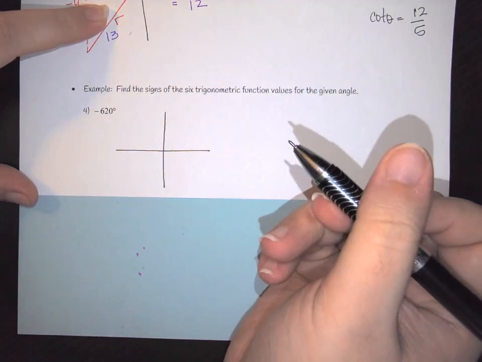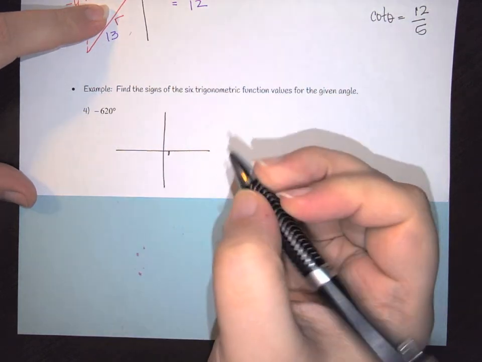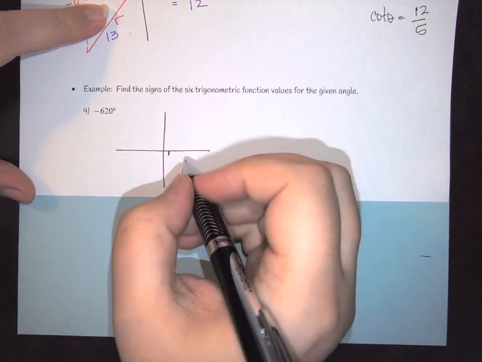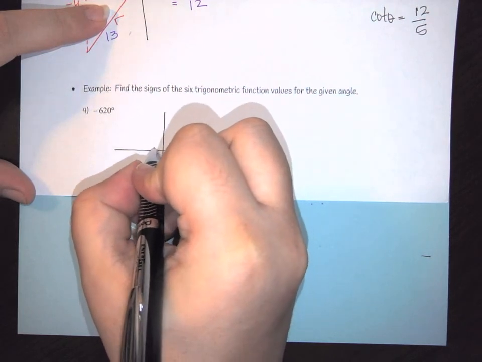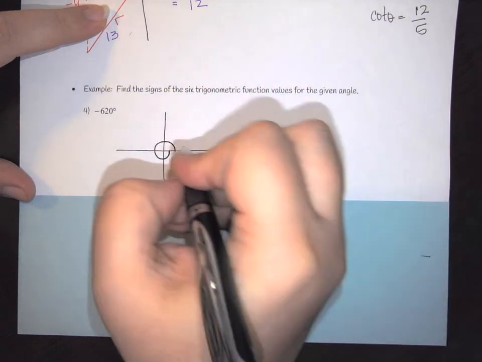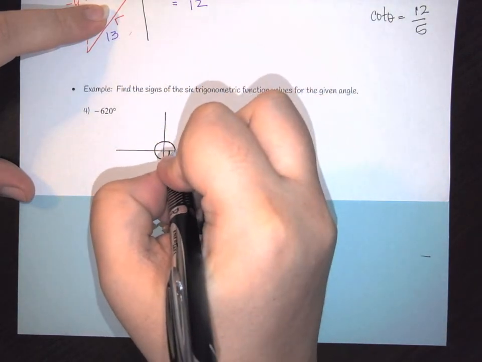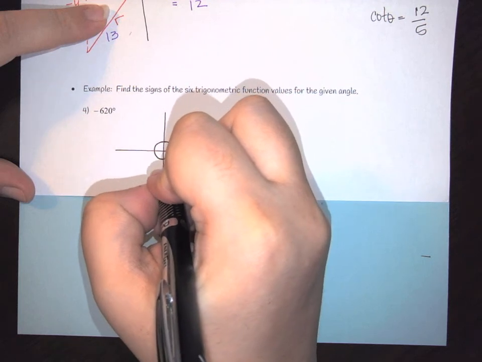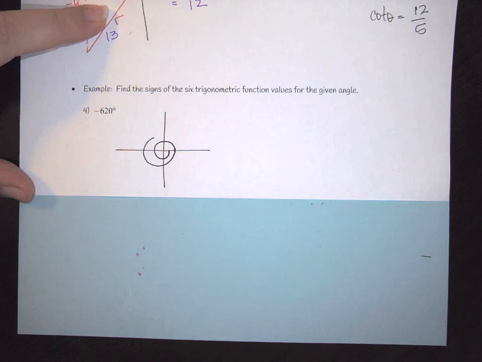And we're going negative, which means we're going to start in this direction and search for our angle. If we do one full rotation, we've only gone negative 360 degrees. If we go another full rotation, it's too far. So here we would come around until we get to in here.